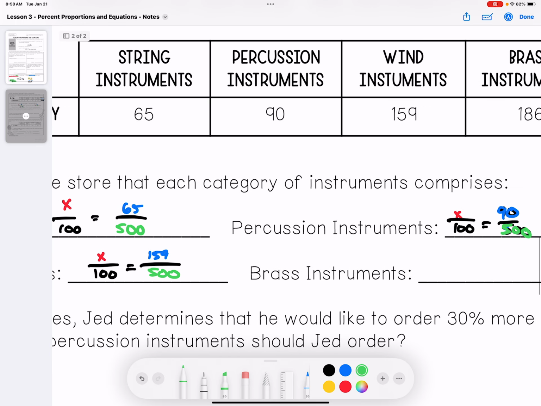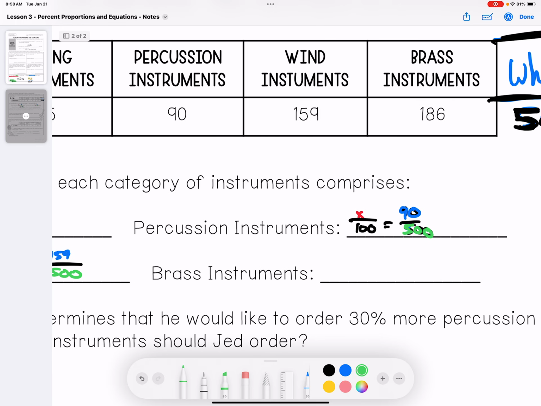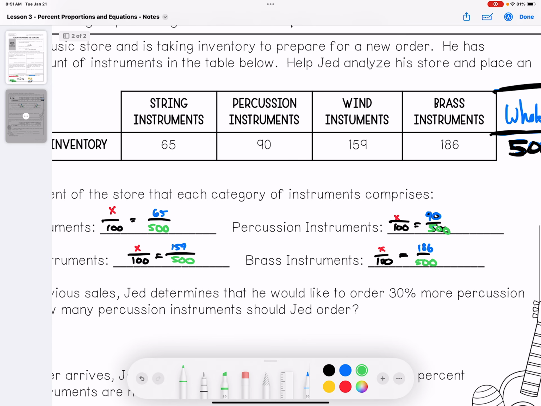And then the same thing for brass. Same exact process. We don't know the percent, it's always over 100. The part is 186, and the total instruments he has is 500.